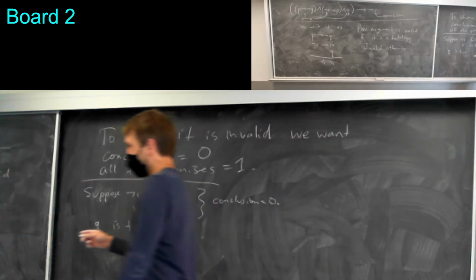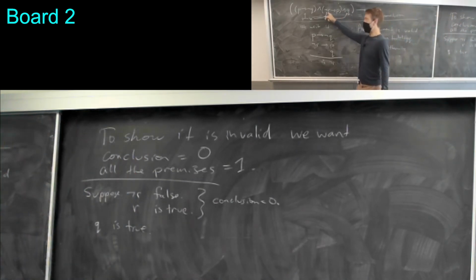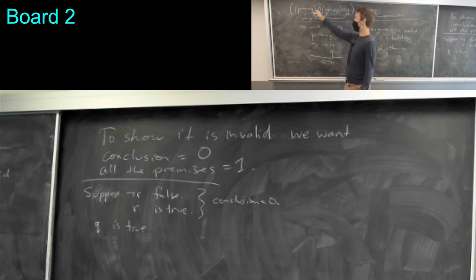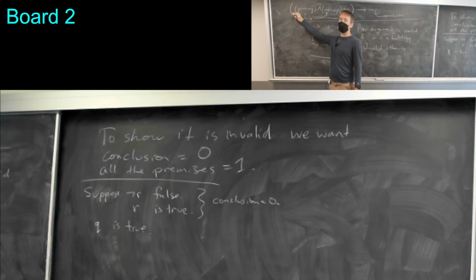So actually, I'm going to kind of ignore this one. It's going to be true anyway. And I'll look at this one, and Q is true, so not Q is false. So I need P to be false, because if you have an implication, true implies false, that's false. So I need P to be false.